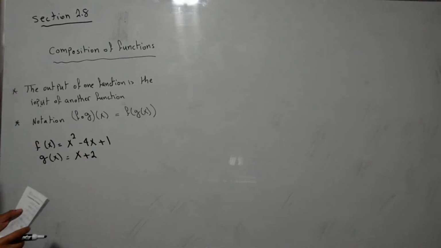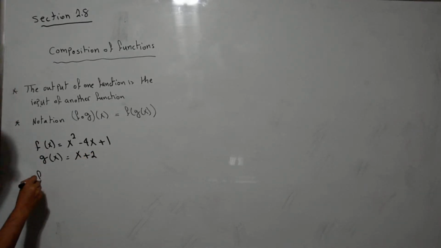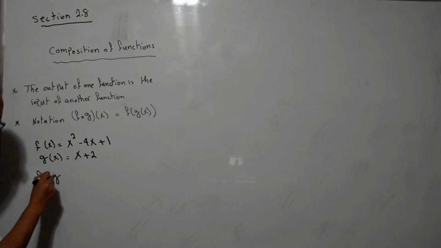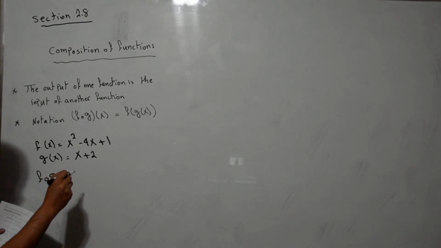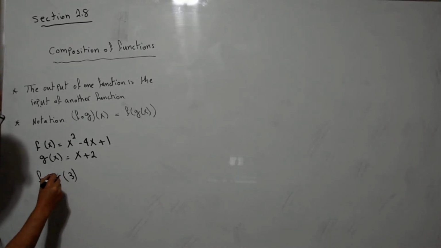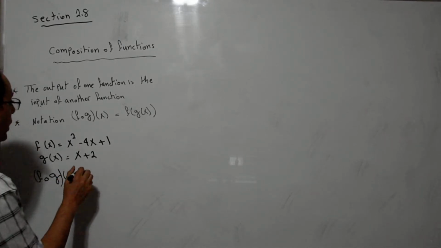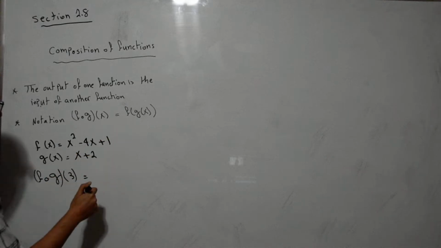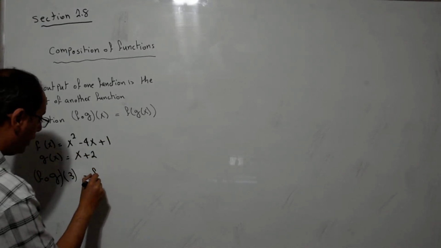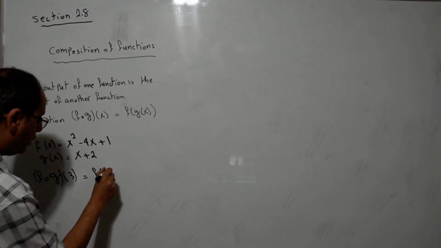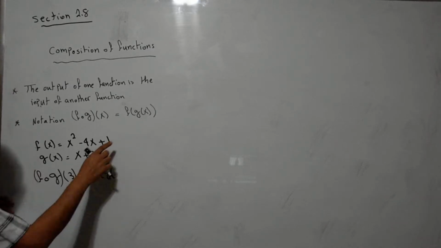So now I need to know what is f compound g of 3, and I write it this way. Based on that rule, that is equal to f of g of 3.